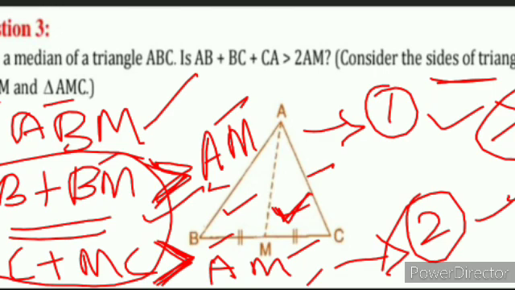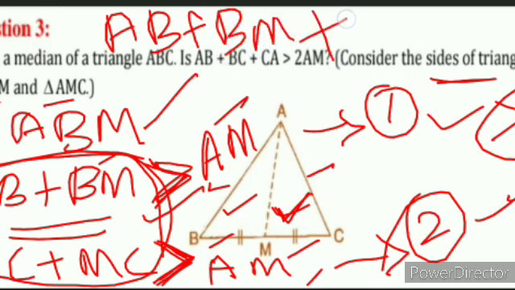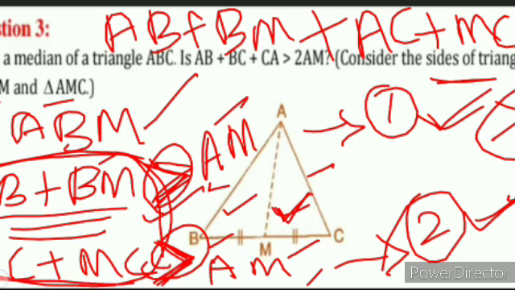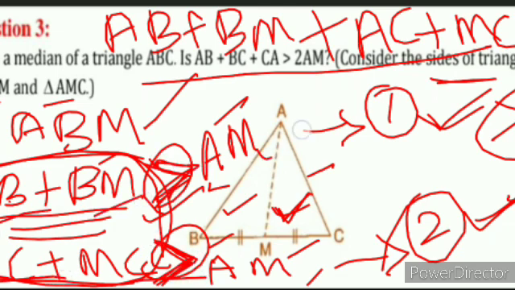Yes, on this page only I will explain. On the left hand side we have AB, BM, AC, MC. I am adding all: AB plus BM plus AC plus MC. What I did was add the left hand side terms of conditions 1 and 2. Similarly, the right hand side also I am adding. First condition AM, second condition also AM.